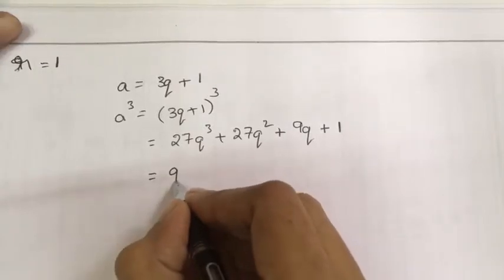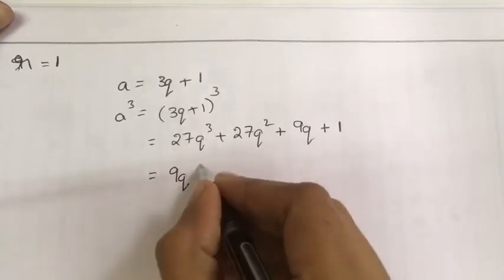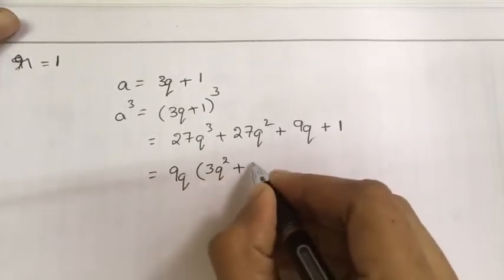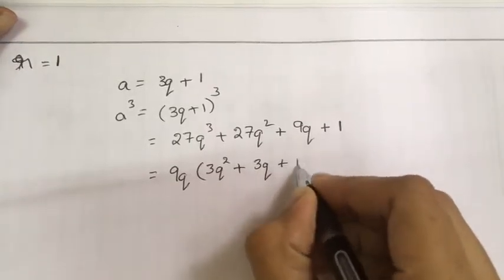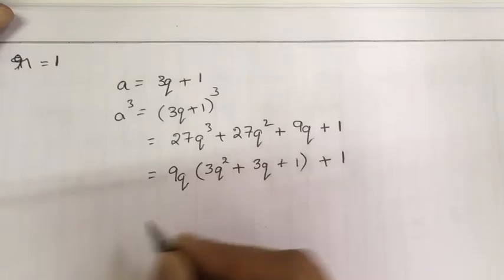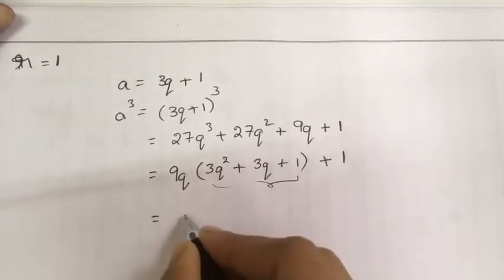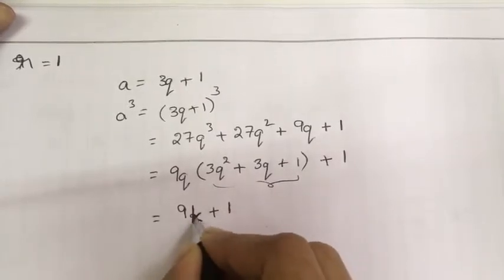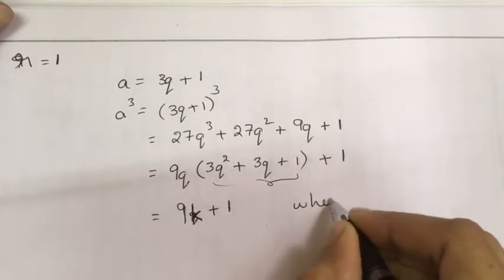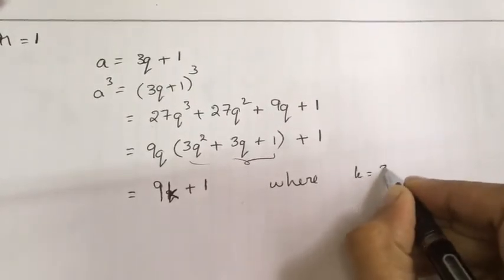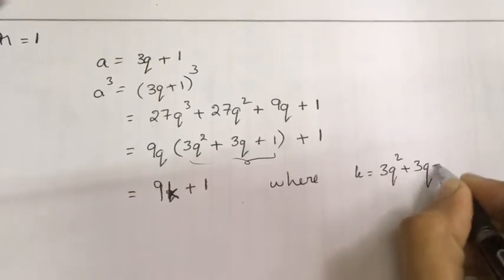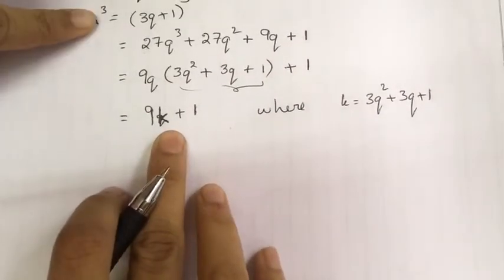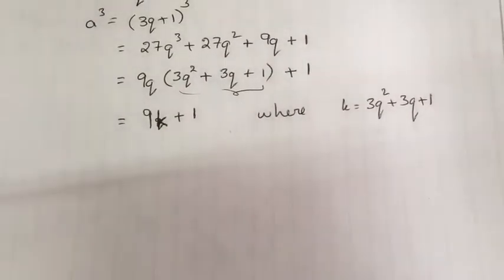So if I take 9q common, it is 3q square plus 3q plus 1, plus 1, so that I can write this whole as k. Therefore 9k plus 1, where k equals 3q cube plus 3q square plus q. This is the case where the remainder is equal to 1. So I got that the cube of an integer is of the form 9k plus 1.